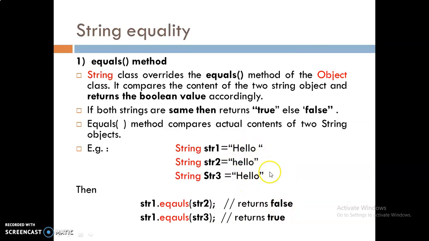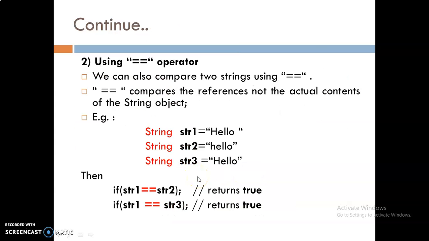Java is a case sensitive language, so it will check every sensitivity, whether it is small or capital. Accordingly it will return the value, and there are many methods for checking string equality. The double equal to sign can also be used as an operator to check the two strings.